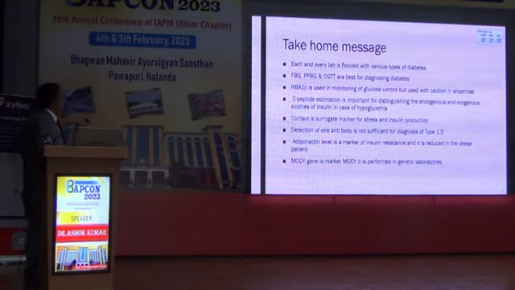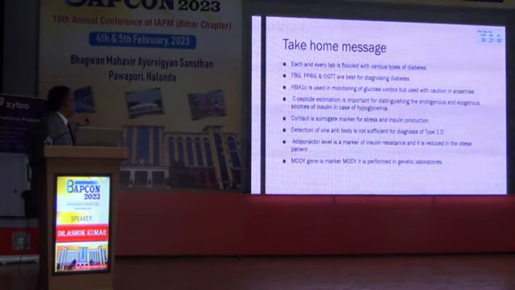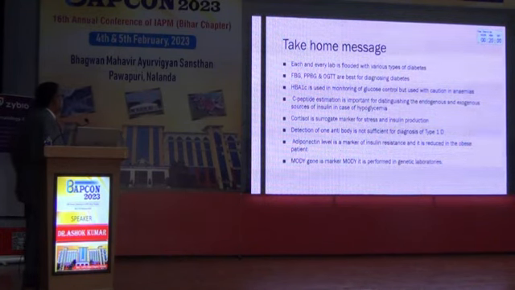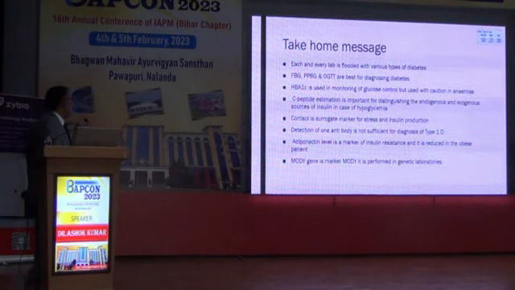Take home message: each and every lab is flooded with various types of diabetes tests. Fasting blood sugar, postprandial blood sugar, and OGTT are the best for diagnosing diabetes. HbA1c is used for monitoring glucose control, but should be used with caution in anemia.